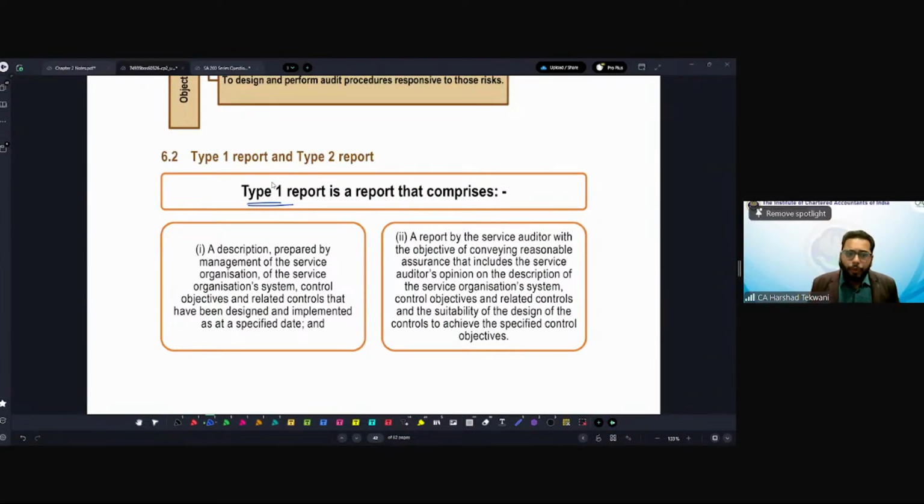Now the Type 1 report is a report wherein you have a description that is prepared by the management of the service organization.